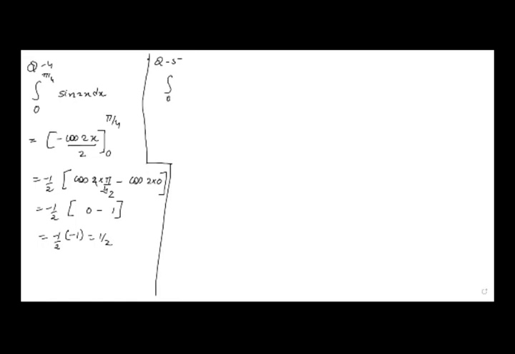Integration 0 to pi by 2, cos 2x dx. Right, integration of cos is sine, the coefficient of x is 2, we have to divide by 2, 0 to pi by 2.